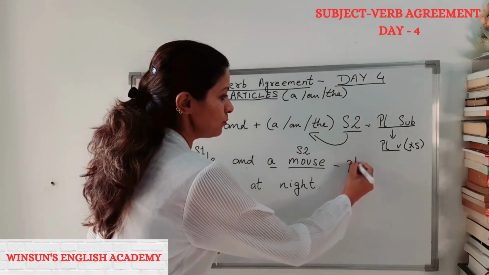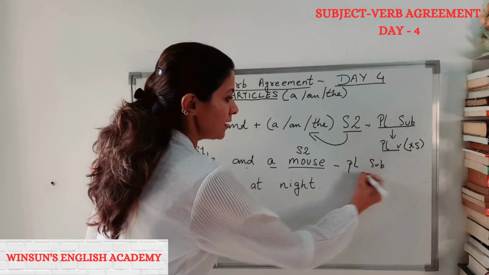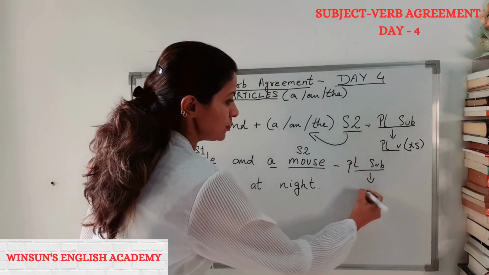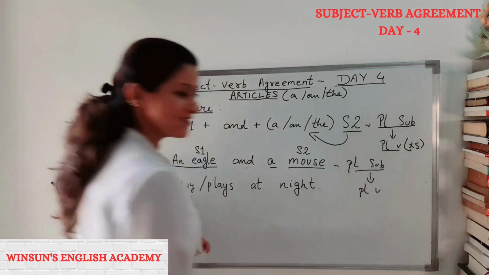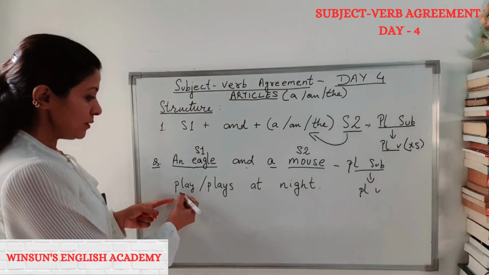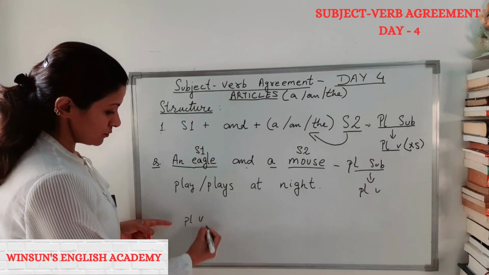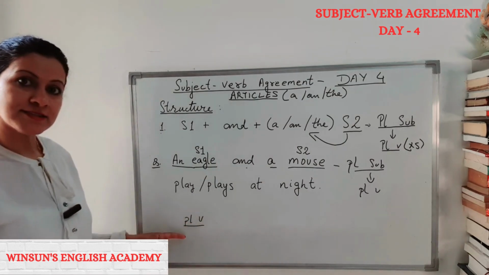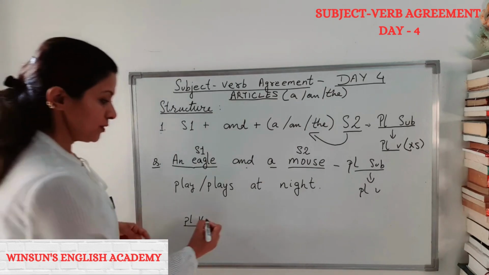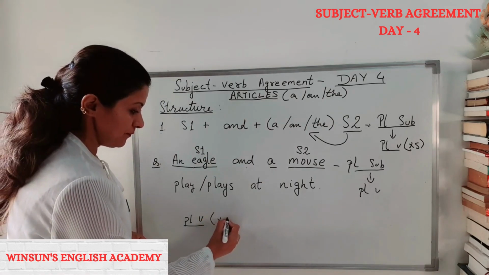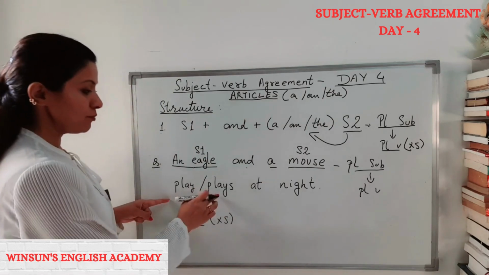So, it's plural, right? Now, plural subjects take plural verbs. So, play or plays. Plural verbs. Do they have S? No, they do not have an S. Now, play or plays.